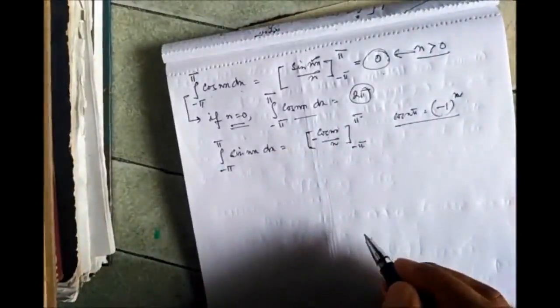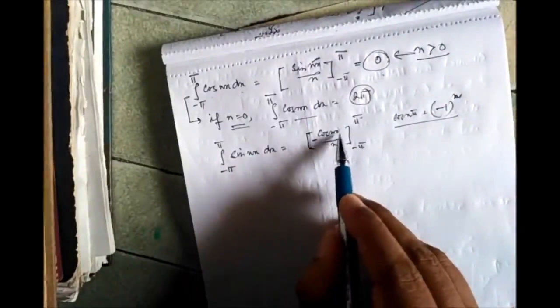So the value of this is minus 1 to the power n minus minus 1 to the power n divided by n. So for any value of n, both things are the same, so this will give me ultimately 0.